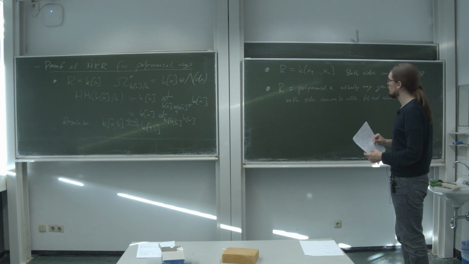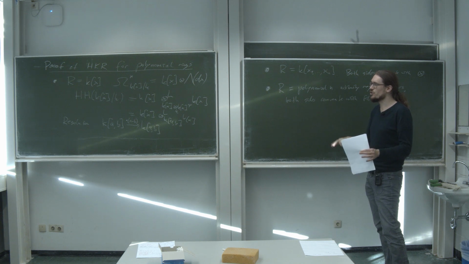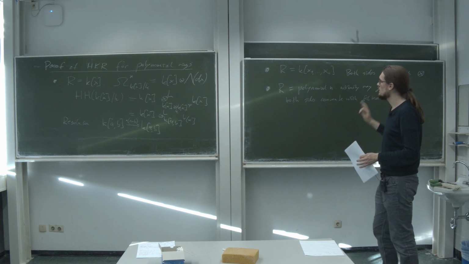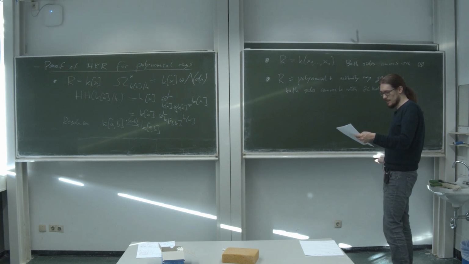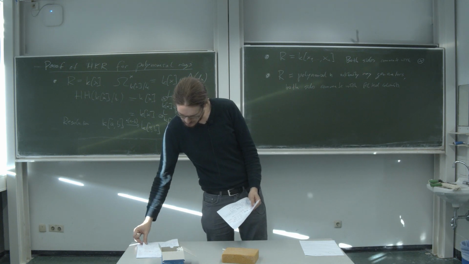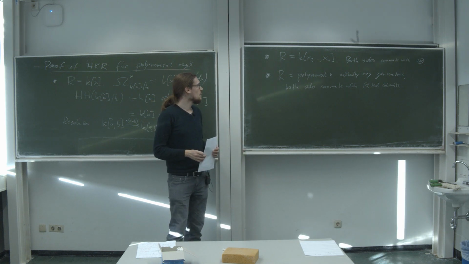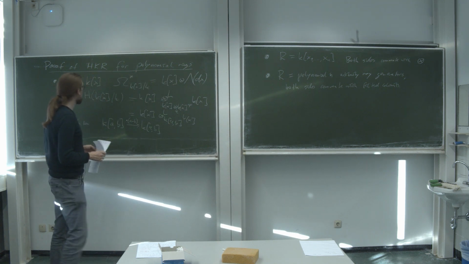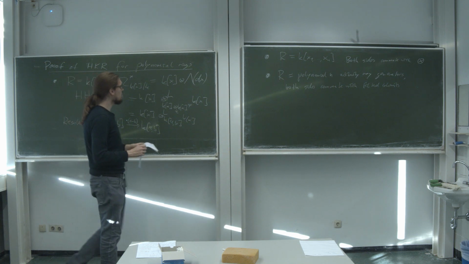And for the Hochschild homology, you can also check that all of the ingredients that we put into tensor products, taking the total complex, all of that commutes with filtered colimits. So this concludes our discussion of the HKR theorem in the case of polynomial rings. We will revisit this later.